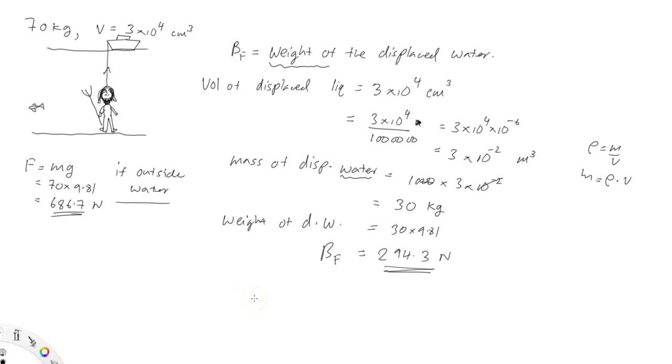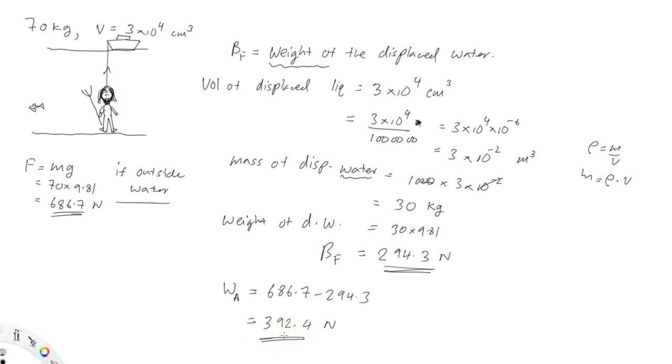So how much force do we need? Or in other words, what's the apparent weight? What is the weight the people in this ship are going to feel while it's inside water? That apparent weight is the actual weight, 686.7 minus 294.3, which equals 392.4 newtons.